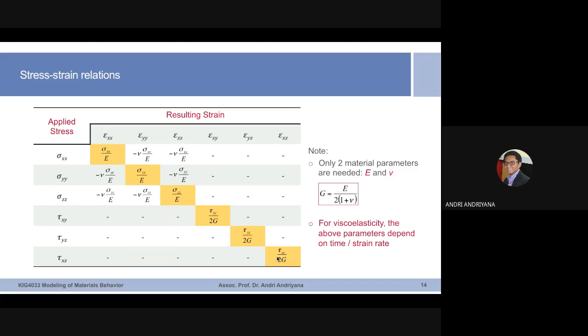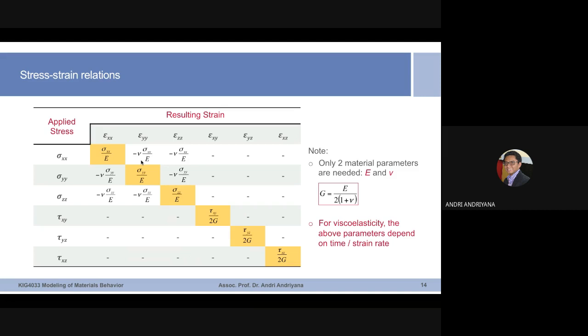Okay, so we have seen this for linear elastic material response. So the first material models that we can use to describe viscoelasticity, we can use exactly the same thing here for stress-strain relations. The only difference is that the properties will depend on time. So we see the properties here, which are E, elastic modulus, and also Poisson ratio. For elastic materials, elastic modulus is constant. Poisson ratio is constant.